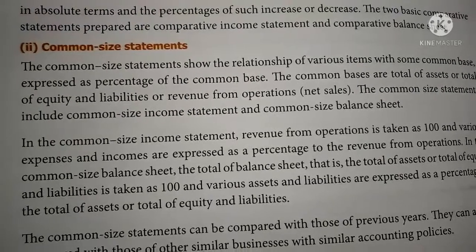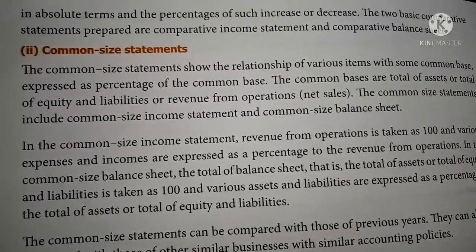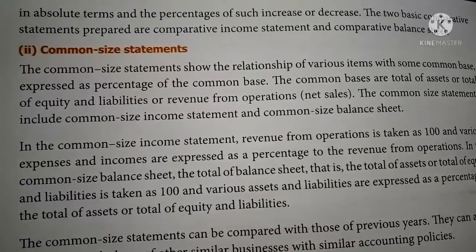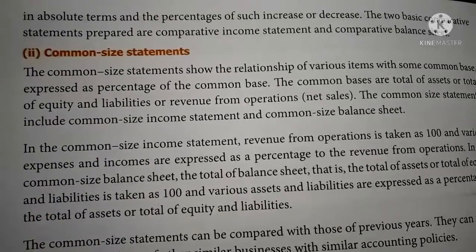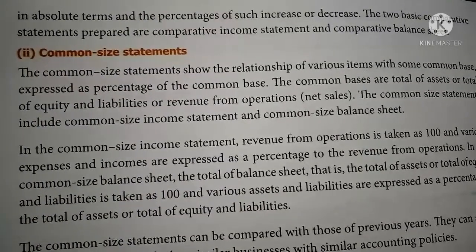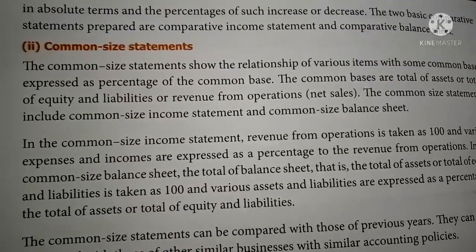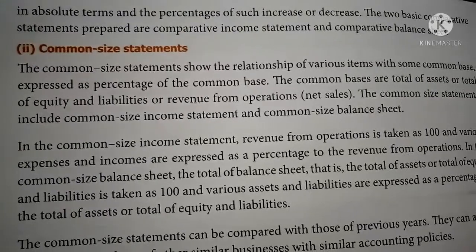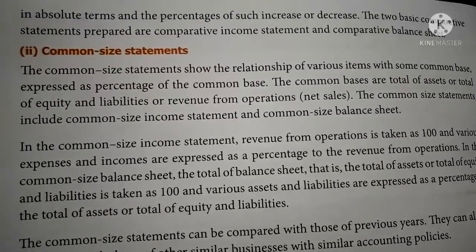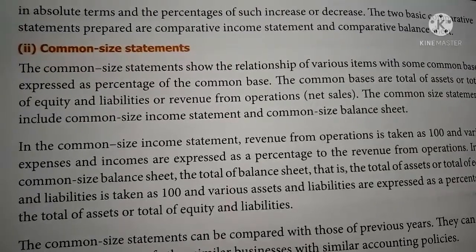The common bases are total of assets, or total of equity and liabilities, or revenue from operations. These items will be taken as a common base, and each and every item will be compared with these items in terms of percentage. So the common size statement includes a common size income statement and common size balance sheet.